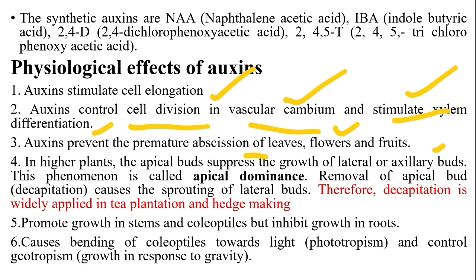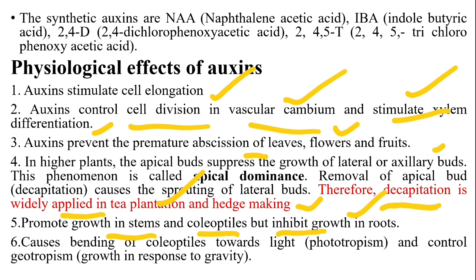Removal of the apical bud or decapitation causes the sprouting or growth of the lateral buds. The decapitation method is widely applied in tea plantation and hedge making. Then auxin promotes the growth of the stem and coleoptile but inhibits the growth of the root.